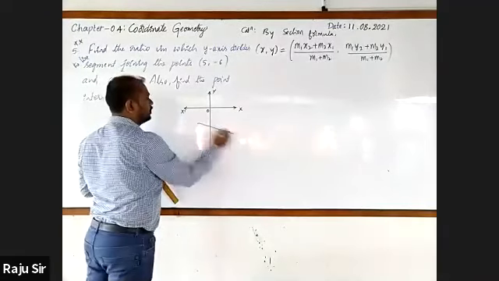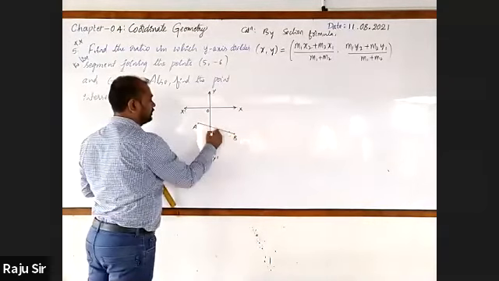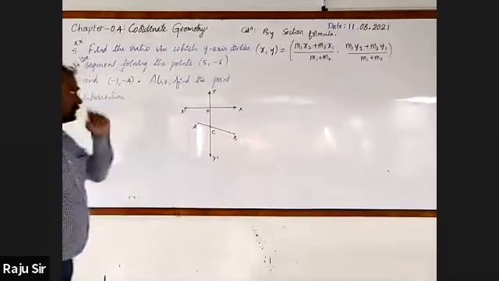These are the 4 points. I call this as A, this as B, this point is C, for your reference.